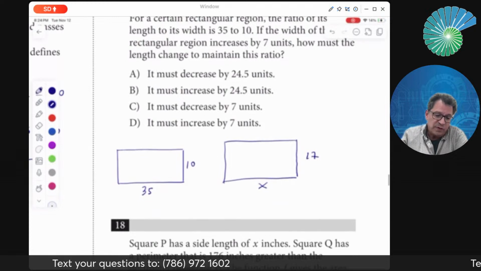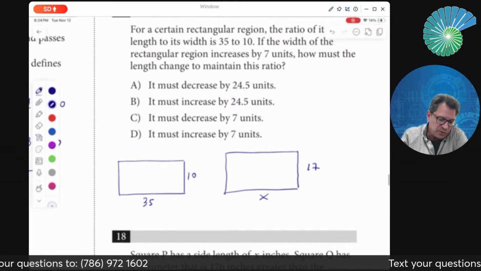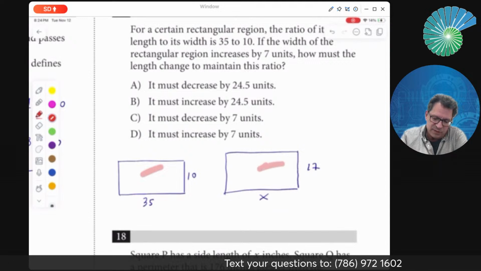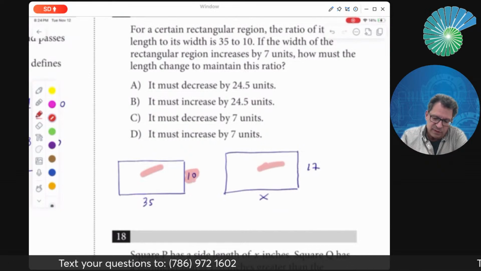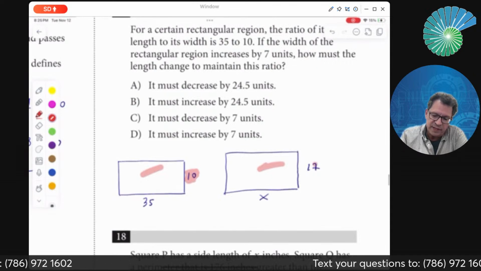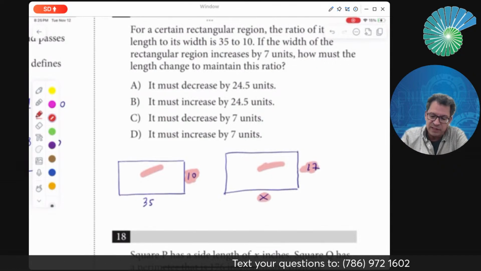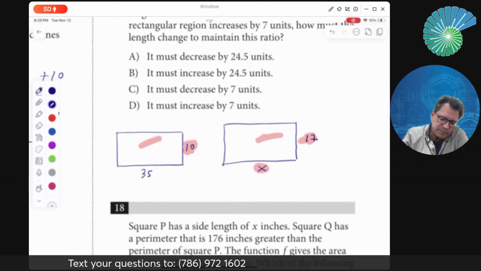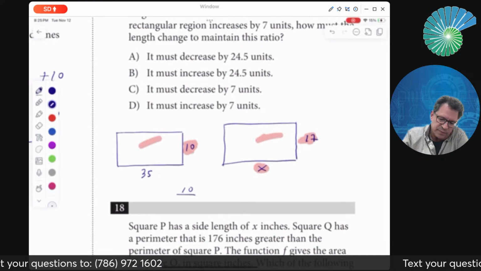Okay, so this is the original situation here, and this is what happens after you modify this width to make it 17. Obviously, x has to increase too, but we simply set up a proportion.